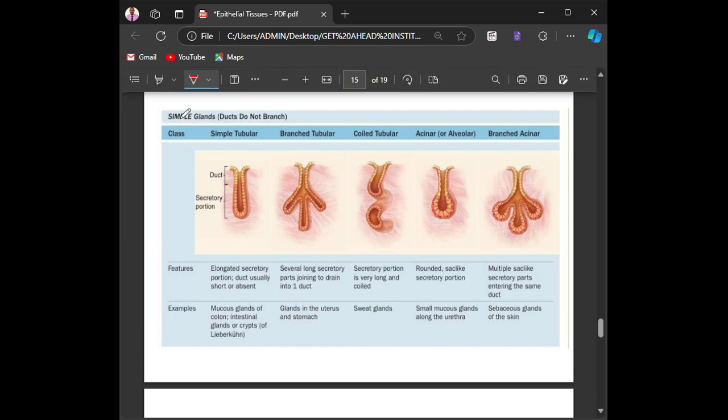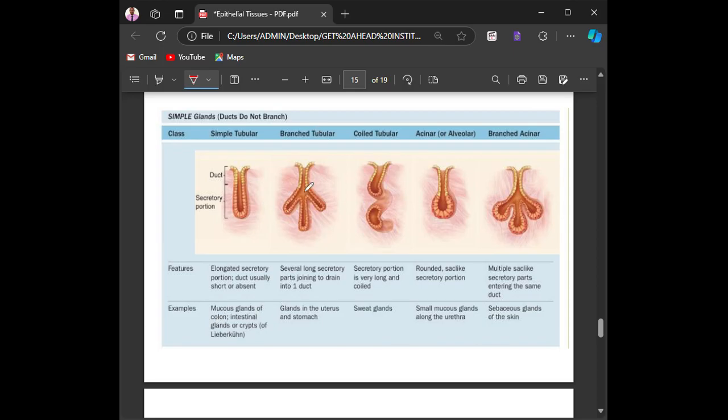Let's start by talking about simple glands. For simple glands, we have simple tubular, branched tubular, coiled tubular, acini or alveoli, which is a sac-like structure, and branched acini. Simple tubular examples include the mucus glands of the colon, intestinal glands, or the crypts of Lieberkühn.